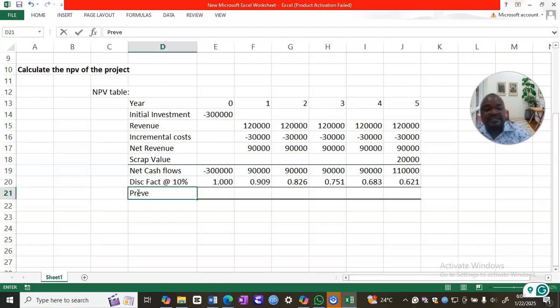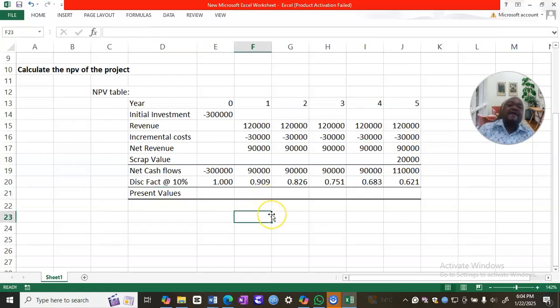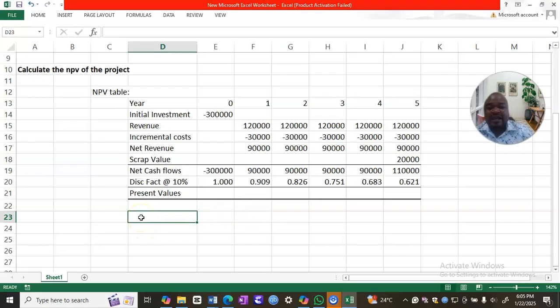These are now the present values. All right, those are the present values. If we then add the present values, we'll arrive at what is called net present value, which is the difference between the investment and the inflows, the outflows and the inflows.